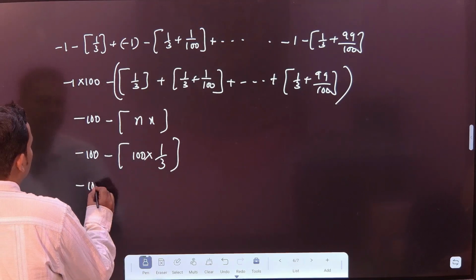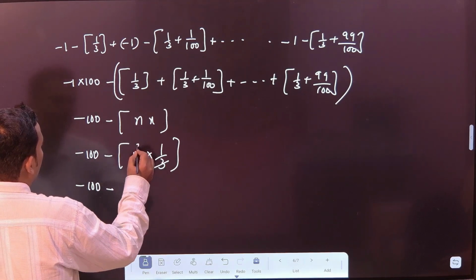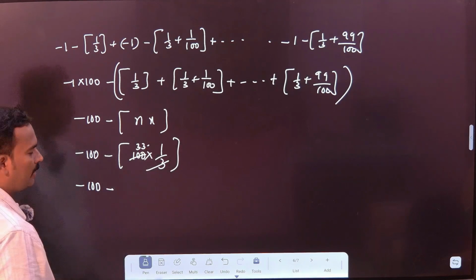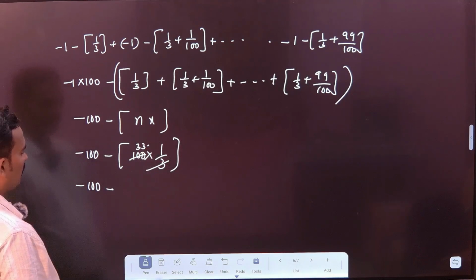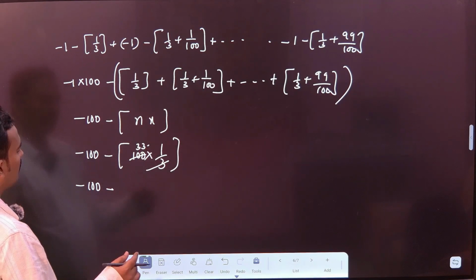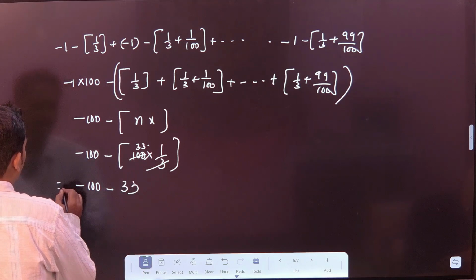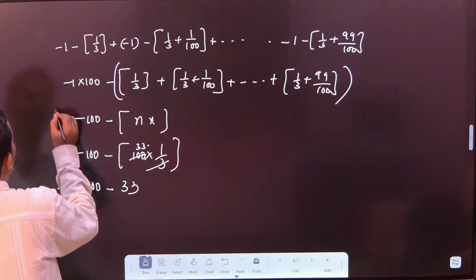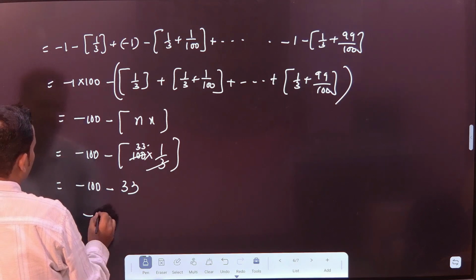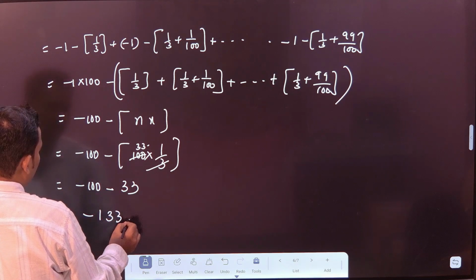So therefore minus 100 minus, so how many times? 33 point something will come, right? That is 33. So the answer for this question is minus 133.